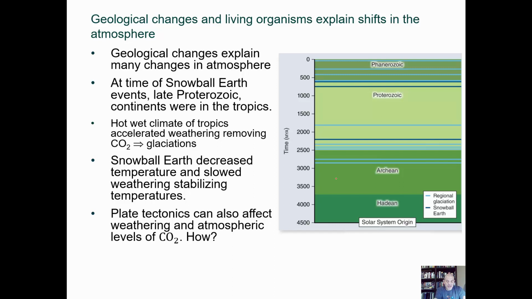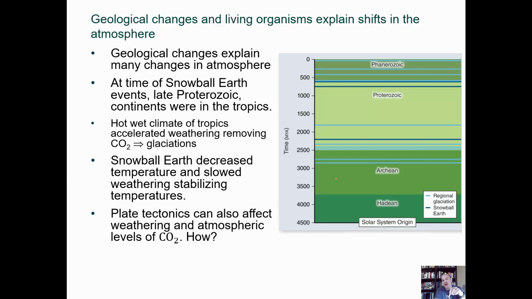And so when we look at the geological changes and the correlation with changes in living organisms, for example mass extinctions, some of these can be explained by shifts in the Earth's atmosphere. And when you have shifts in Earth's atmospheric CO2, you're going to have changes in the level of warming or cooling that occurs.